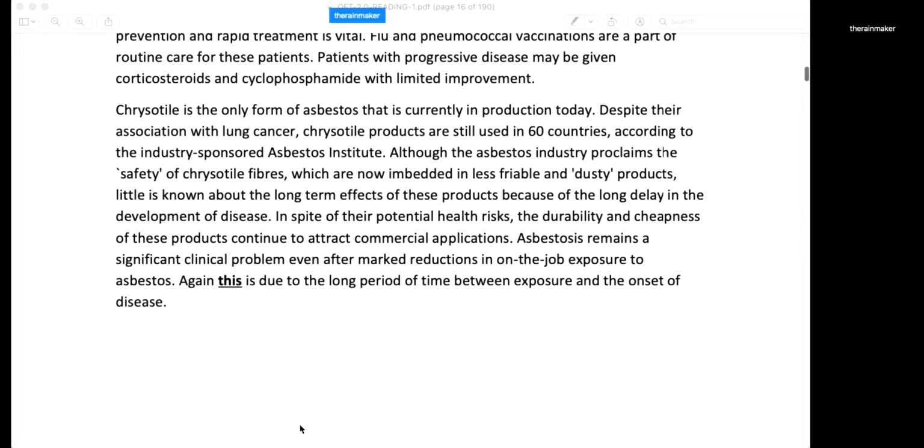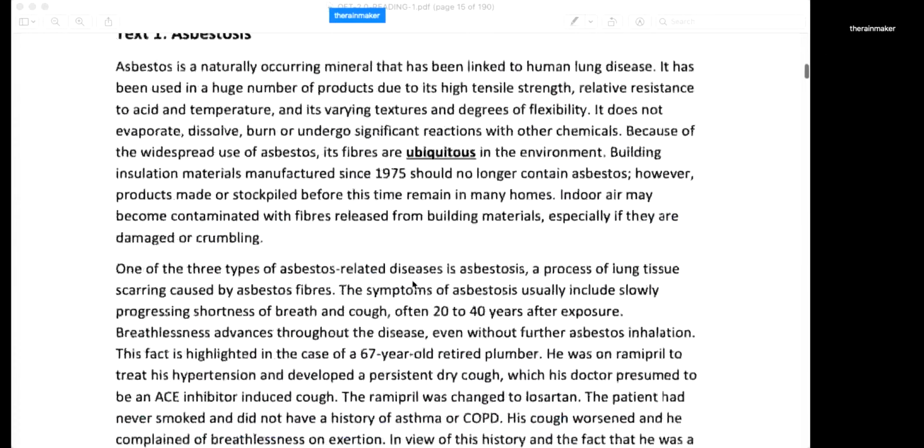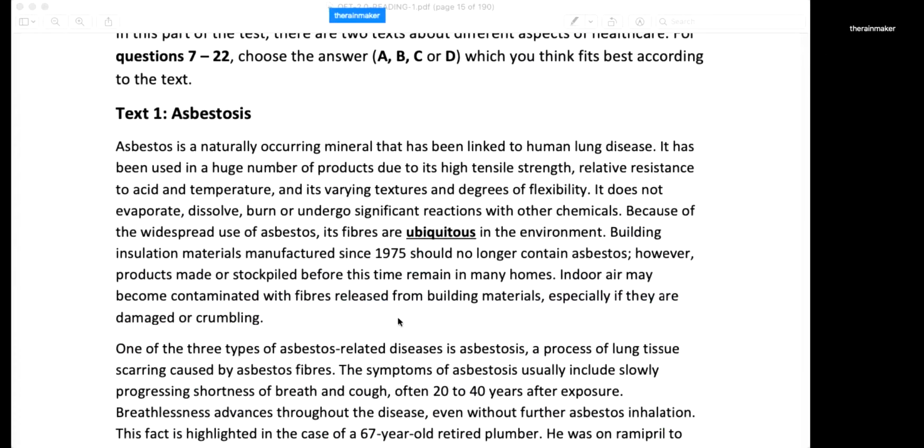And you must also be noticing that there are some bold words. This is a sure shot question. The bold word ubiquitous is given in the first paragraph, and since I've told you that one question is for sure from one paragraph, let's go and check our options at the bottom.